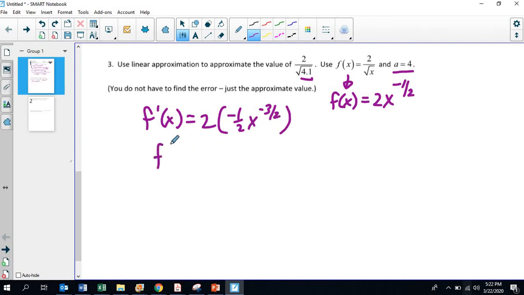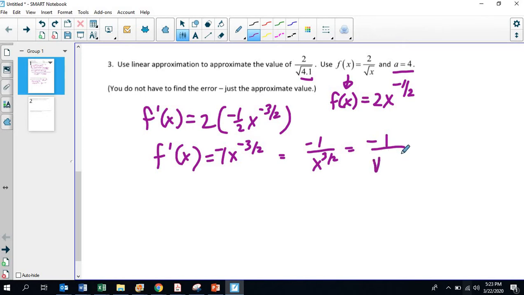This reduces and becomes negative 1 x to the negative 3/2, or minus 1 over x to the 3/2. And again, you probably need to think of that as the square root of x cubed. Same thing, but easier to evaluate.